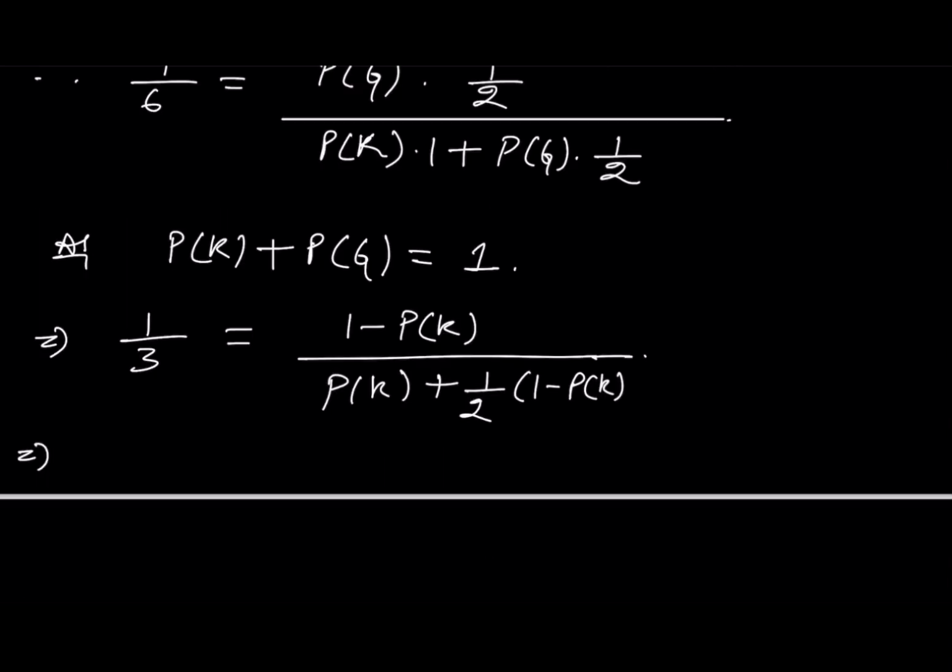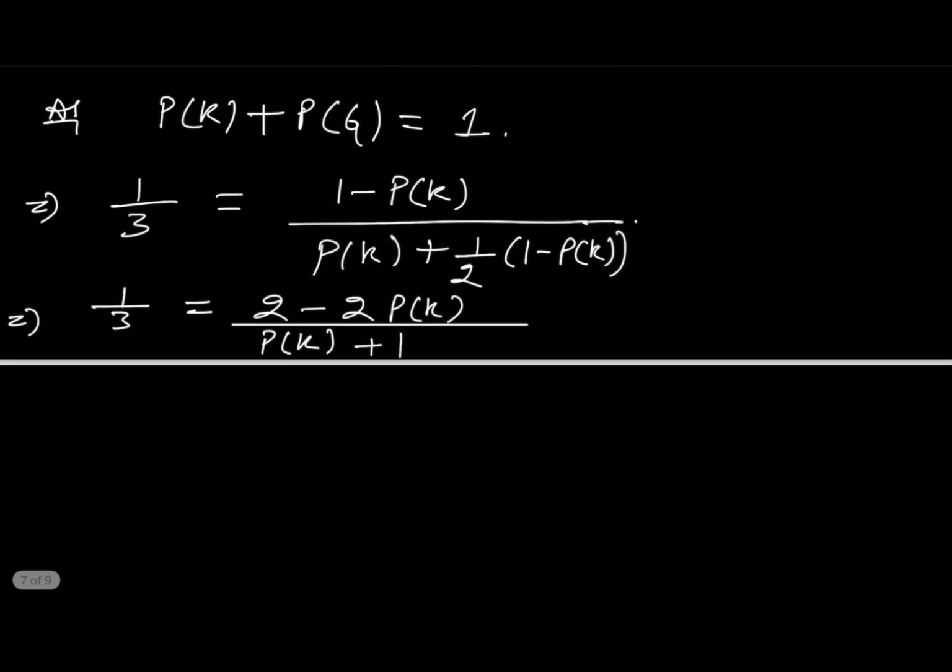So it will be 1 by 3 is equal to 2 minus 2 P of K upon 2 P of K minus P of K, that is P of K plus 1, right?